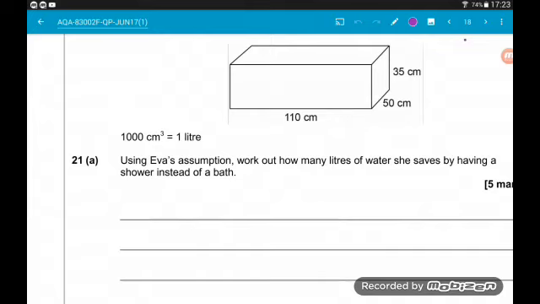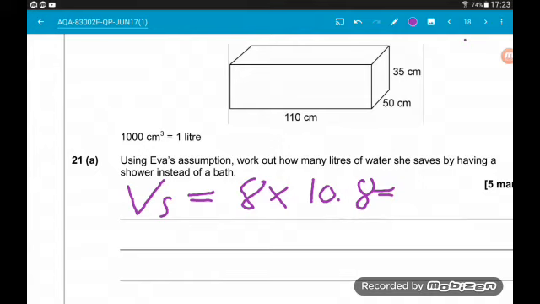So let's do the shower first, so I'll call that VS. We're told a shower issues 10.8 litres every minute and lasts for 8 minutes. So we need to do 8 times 10.8. And your calculator will tell you that that is equal to 86.4 litres. So that's how many litres a shower is going to use.